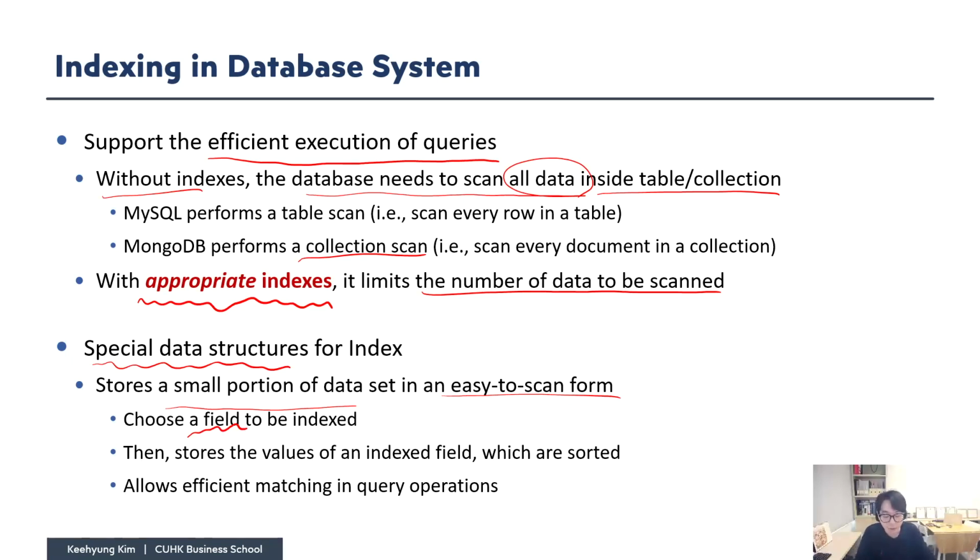Based on the values in the field you specified, it will store that value, sort it, and keep it separately inside the index. So you can use an index to find a certain document you want much faster. It will allow efficient matching in query operations. So that's the special thing an index does in the database system.